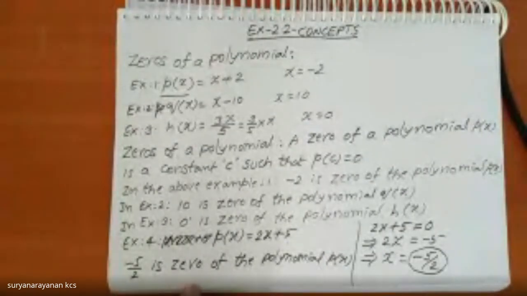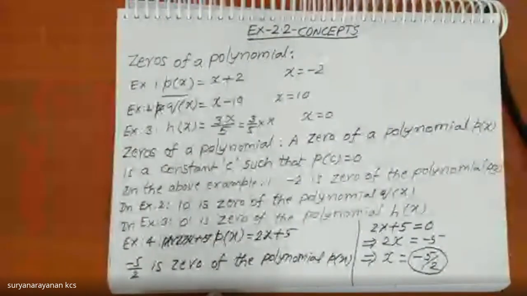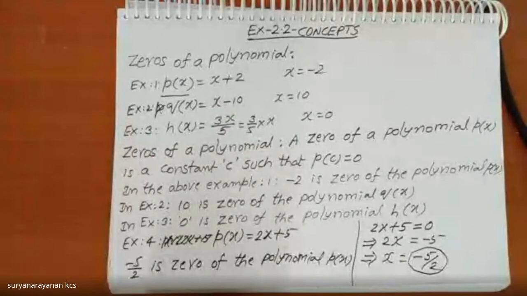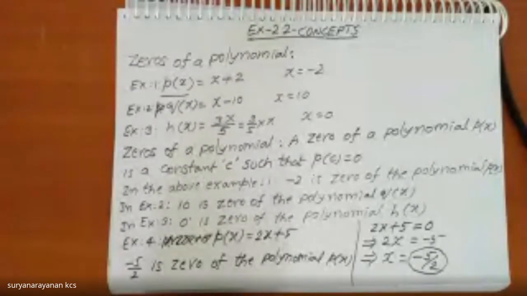So the 0 of the polynomial means that by substituting that constant in the given polynomial, by replacing the variable by the constant, we get the value of the polynomial as 0. Then the constant is said to be the 0 of the polynomial. Understood this point, my dear children? What is meant by the 0 of the polynomial?